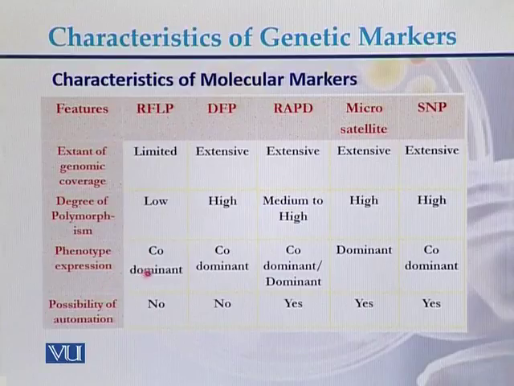Phenotypic expression of RFLP is codominant, DFP is also codominant, RAPD and microsatellites are usually dominant, and SNP codominant. Possibility of automation in case of RFLP and DFP is no, but in case of RAPD, microsatellite, and SNP, there is possibility of automation.